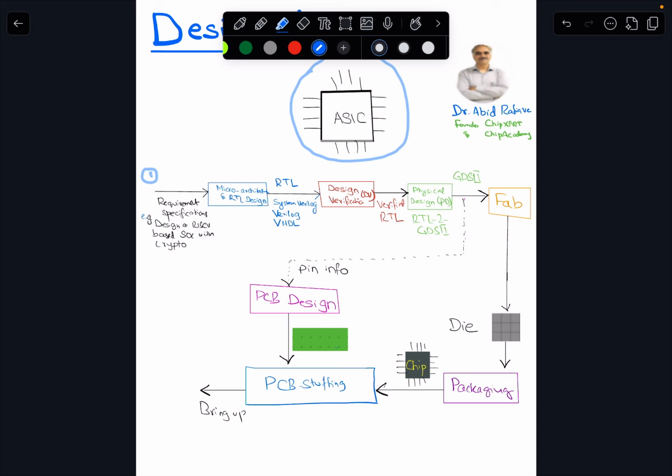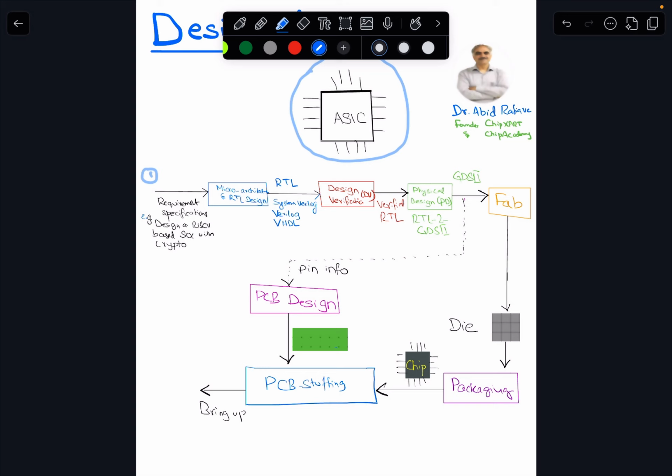And let's say someone asks you to design a RISC-V processor based SoC with a crypto module. There will be a detailed specification as to what kind of RISC-V processor it will be, like the pipeline strategies, the ISA support, and the peripherals that are required in the SoC.